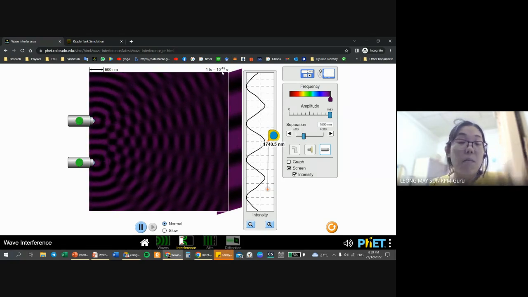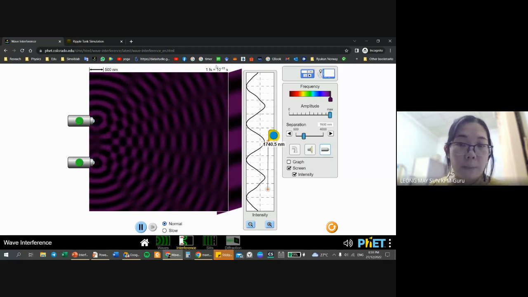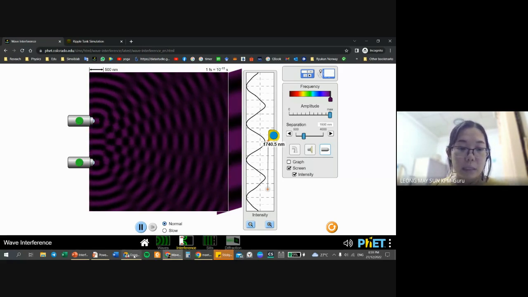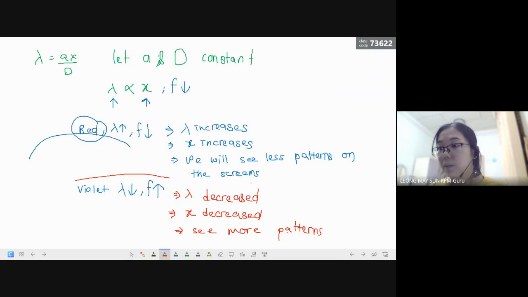We see more interference patterns already. So this is what it meant for this particular slide: when the wavelength increases, x increases, the distance between the 2 constructive lines or antinode lines increases.